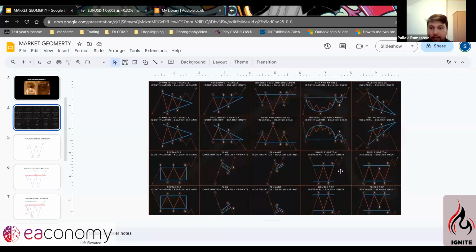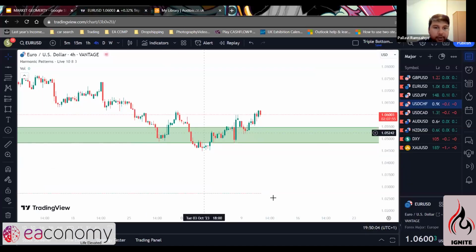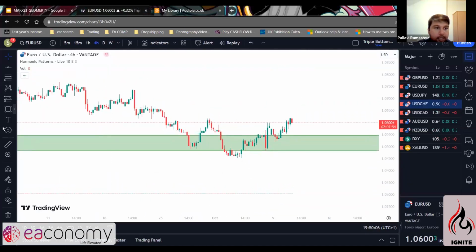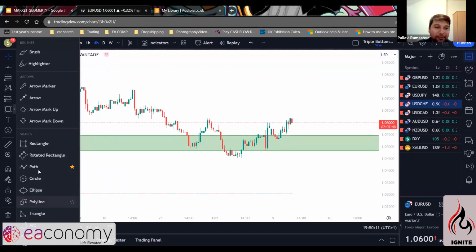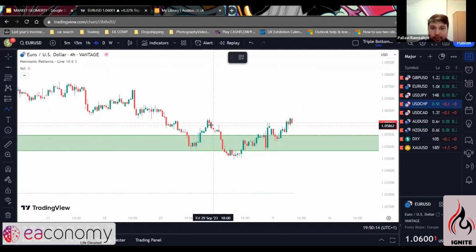Let's pick a pattern. Let's just go with the pattern that we have today, the double bottom. Let's say we had a double bottom form, and a perfect example would be within this support zone. So let's say price did this.